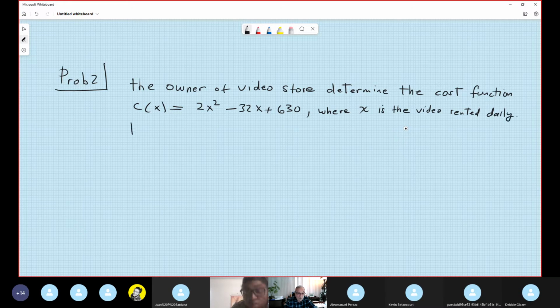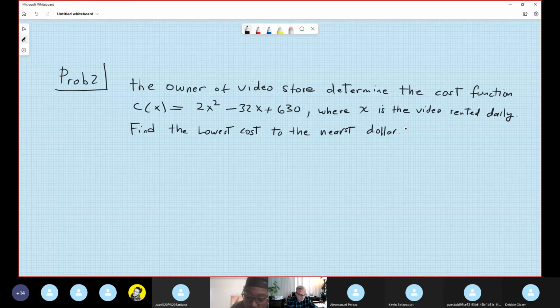Now I need to find the lowest cost to the nearest dollar. Okay, to the nearest dollar.